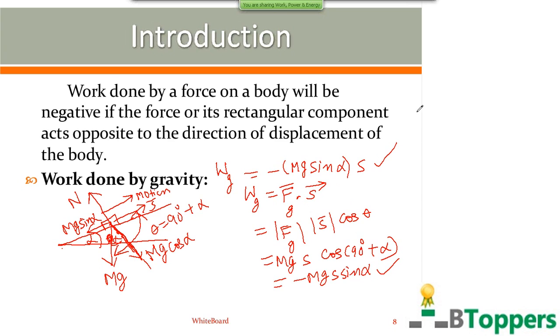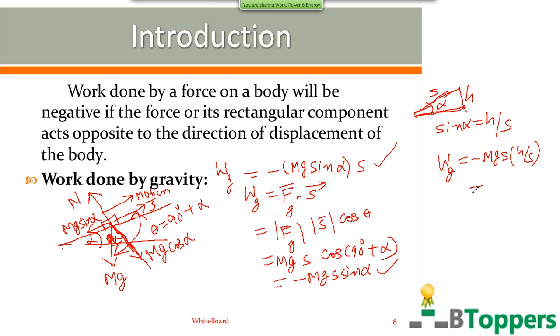So if s is the magnitude of the linear displacement of the block up along the inclined plane, and h is the corresponding vertical height through which the block rises against the force of gravity, then sin alpha you can write as h by s. Then work done by the gravitational force on the body can be written, from this equation, as minus mg sin alpha.